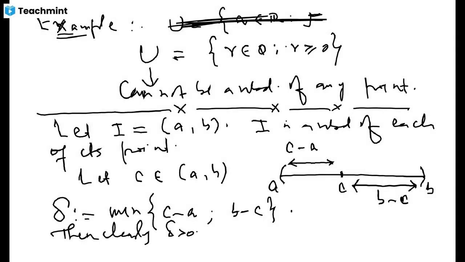Now, with center C and delta being the radius, we claim that the interval (C minus delta, C plus delta) lies inside this open interval (A, B).